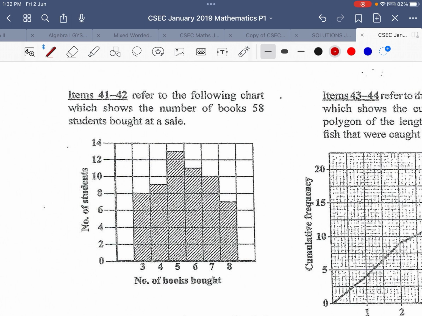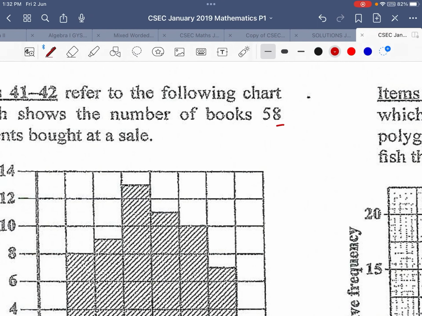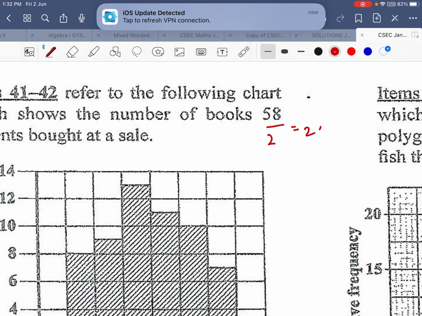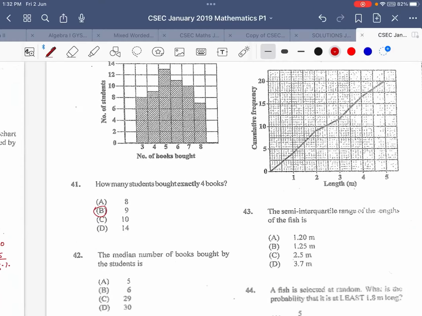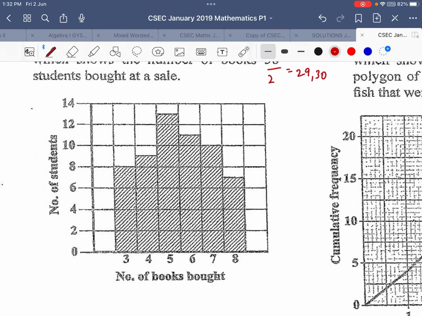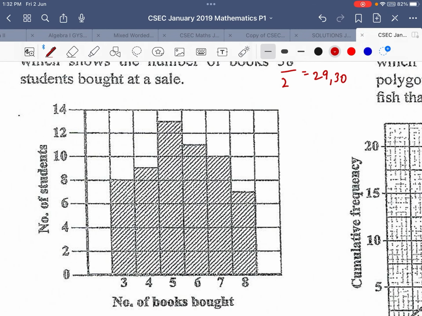In cases where we have an even number, we have to divide 58 by 2. We'll get 29. So the 29th and 30th values will tell you the median number of books bought. So what we'll look and see is which category the 29th and 30th values would occur in.